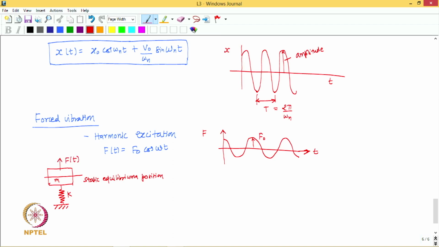So now we again would like to invoke Newton's law to write the equation of motion for the system.